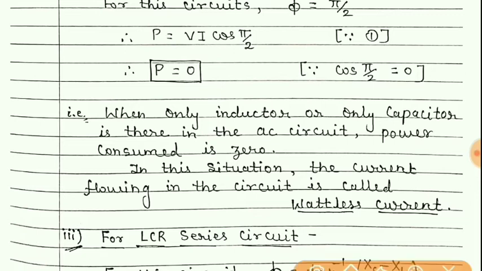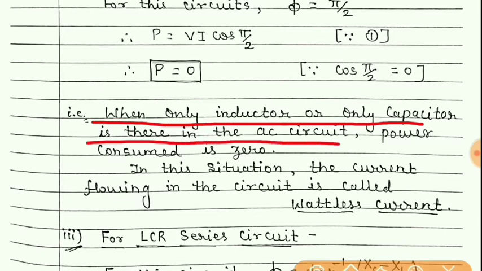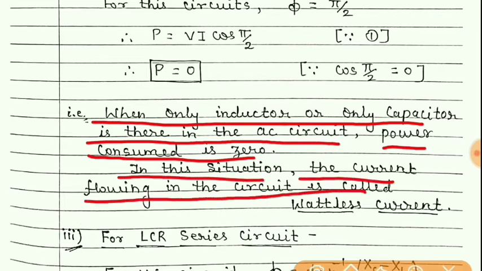Students, when only an inductor or only a capacitor is there in the AC circuit, power consumed is 0. In this situation, the current flowing in the circuit is called a wattless current.